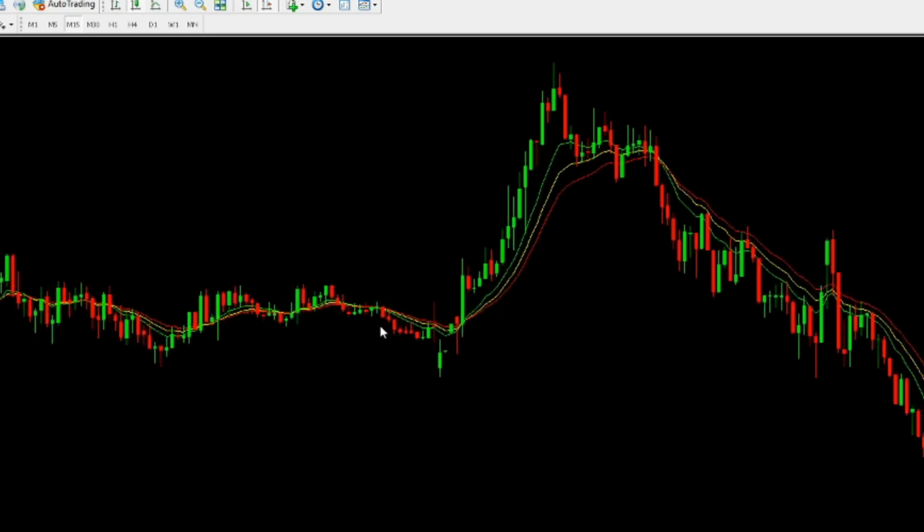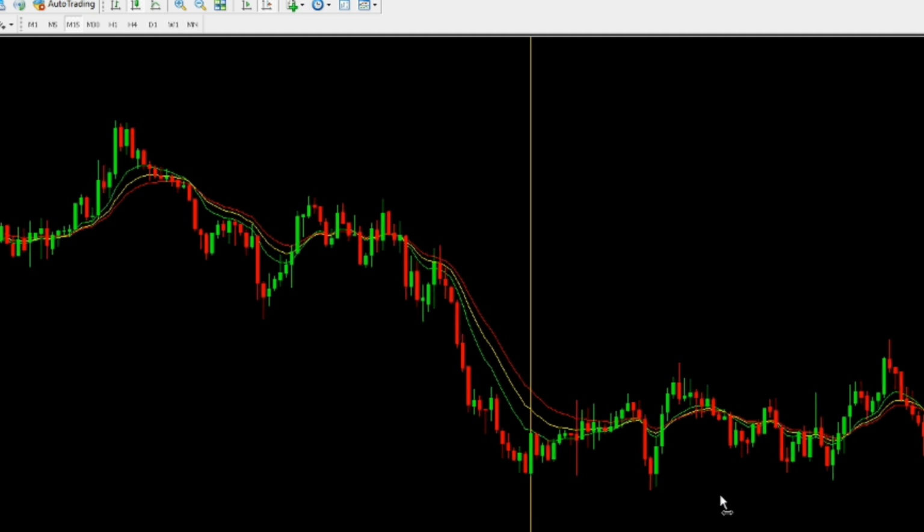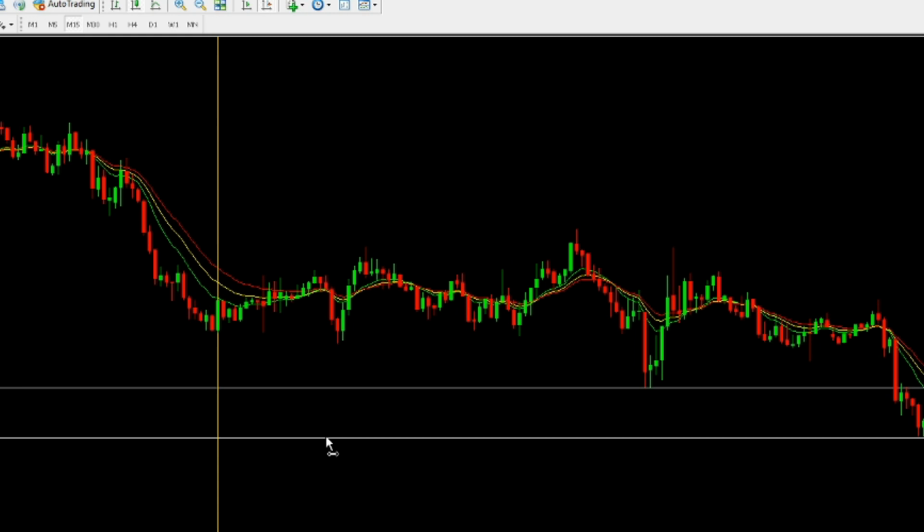In applying this one, you should select carefully. You just not like this one. You touch here, but see there are so many red candles already. So there is a chance that it will bounce like this one. So there's a big chance that you will have a failed trade like this.